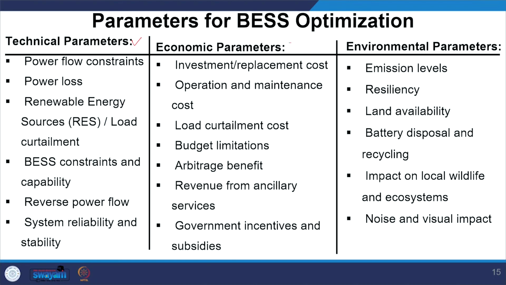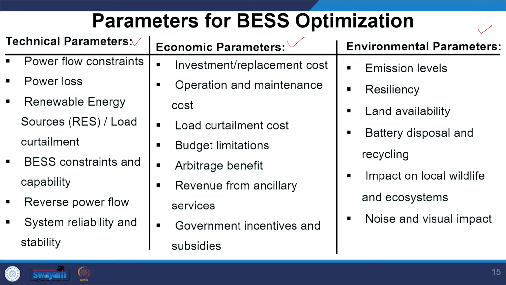Now, these are a few technical parameters, economic parameters, as well as environmental parameters. In case of technical parameters, what we need to focus on are power flow constraints, power losses, renewable energy, load curtailment or sources, then battery energy storage system constraints and capabilities, and reverse power flow.